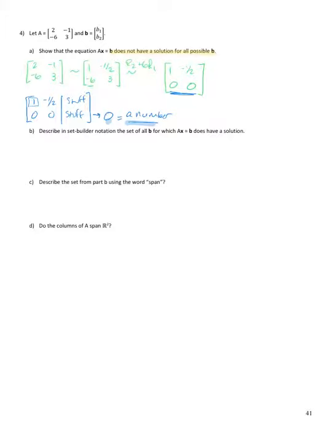Okay, so I want to describe in set builder notation the set of all B for which AX equals B does have a solution. I have to be a little bit more careful to answer this question. Up in part A, I row reduced just the coefficient matrix. I'm going to do a similar process, but I'm going to augment with B1, B2, because I need to figure out when this stuff is 0.